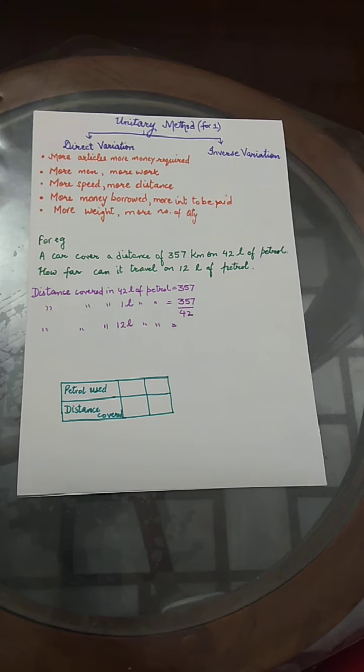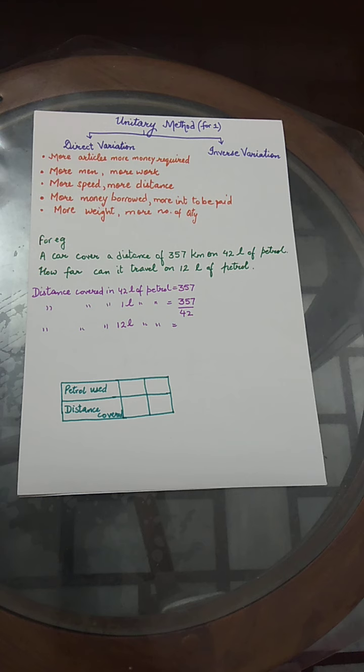Now, if you have a given fixed time, and you have more speed, the distance covered will be more, and if the speed is less, the distance covered will be less. Same is the case if you borrow more money, you have to pay more interest, and if you borrow less money, less interest will be given.